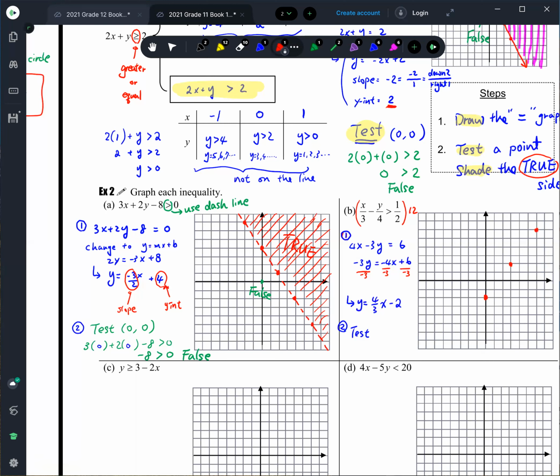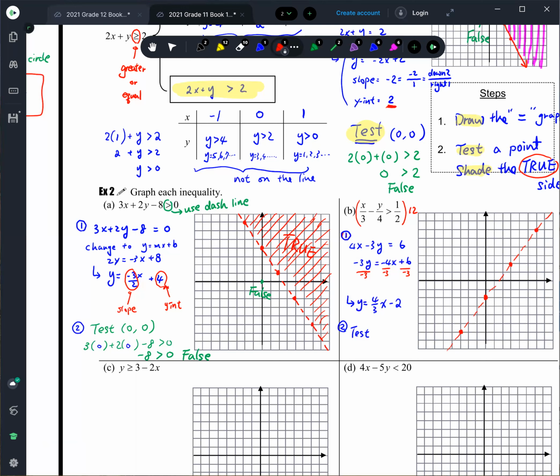Down 4, left 3. This one, it doesn't have equal, right? So you have to do dashed line again. Okay, if you did a solid line, you will get marks off. Be careful. That's a very common mistake, okay? Dashed line.